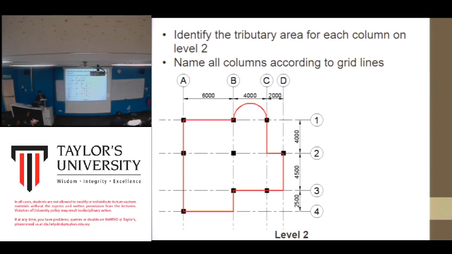That's one of the reasons why you have the grid lines, for ease of reference. In this case, you look at the two columns. If the distance is 6 meters, then half distance is 3 meters. Here also the same.